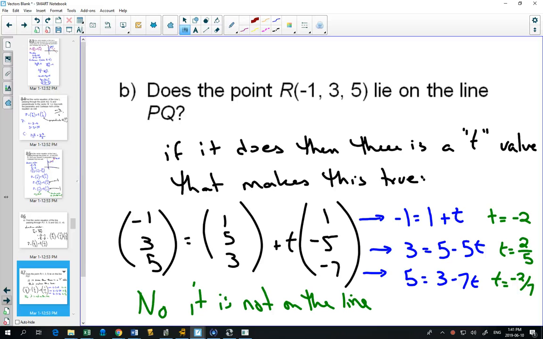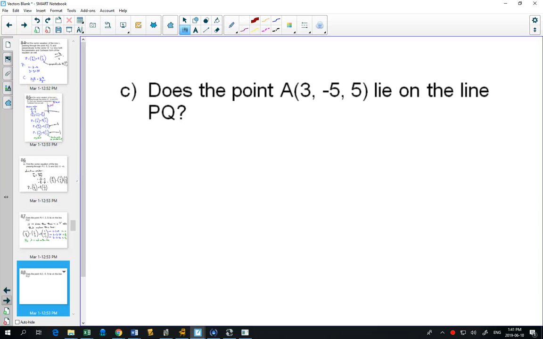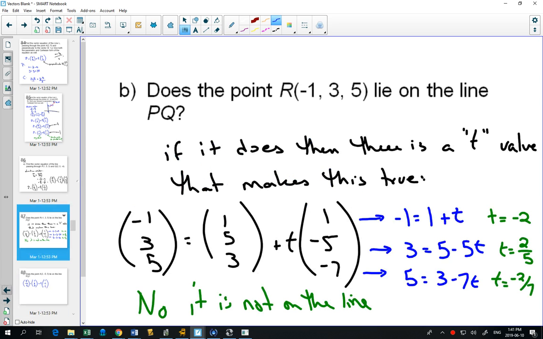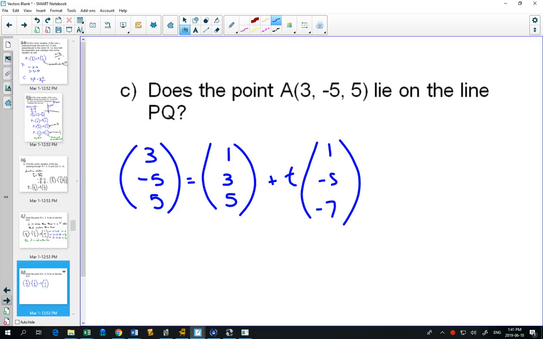All right, so what about 3, -5, 5? What do you think? If we write it out, we put 3, -5, 5. Man, I cannot remember. Did I get them right? No, 1, 5, 3. So close.